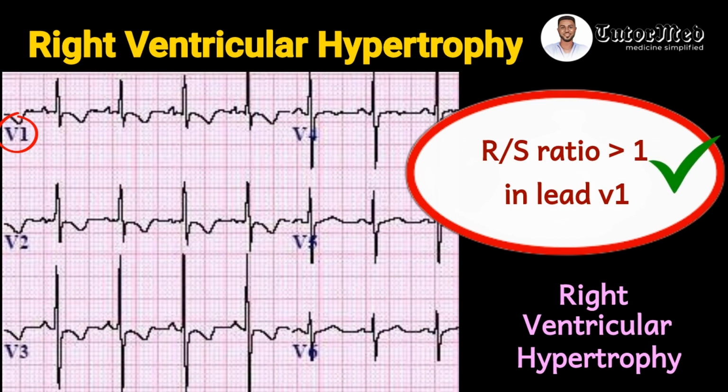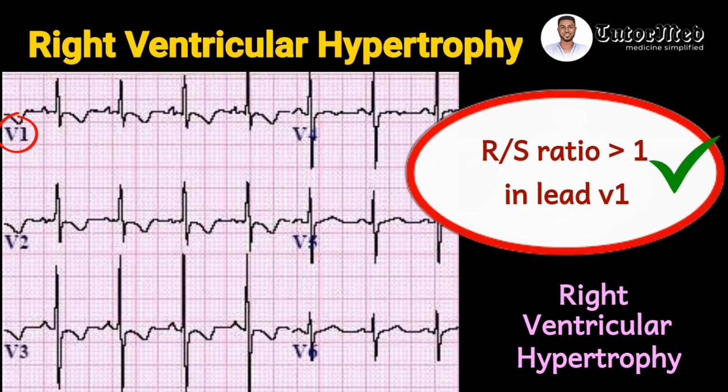Now remember the normal R wave progression we spoke about in our previous video. Remember we said the R wave is supposed to progressively increase from V1 to V5. It means V5 should have the highest R wave and then V1 should have the lowest.